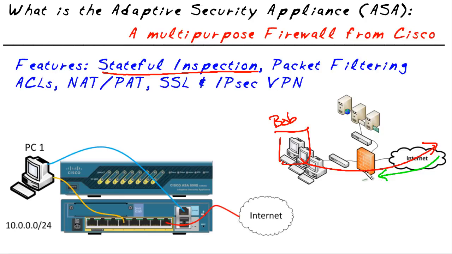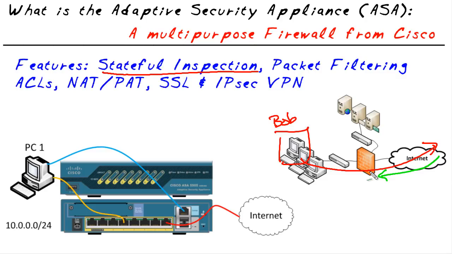What this firewall did in the background, it looked at Bob's session as it went out to the internet. It remembered things like the source IP address and the destination IP address and the layer 4 information, the ports involved, and it put that into a session table, a stateful session table. So then the reply came back. The firewall said, wait a second, this reply is perfect.